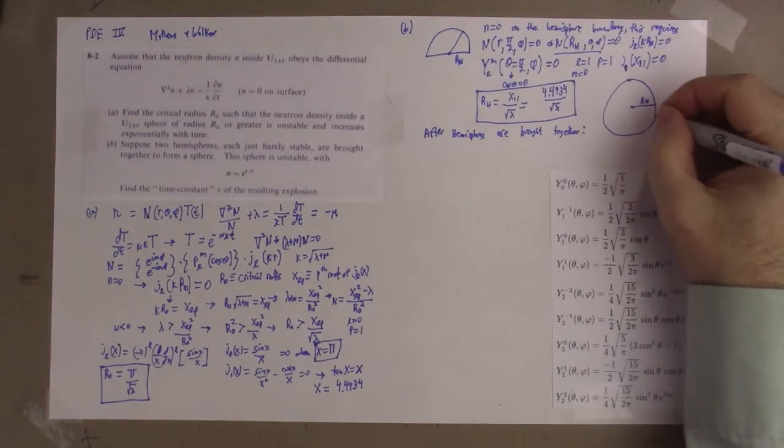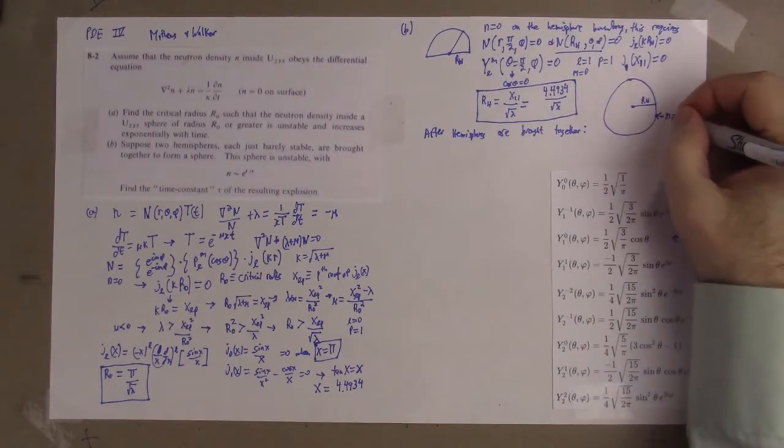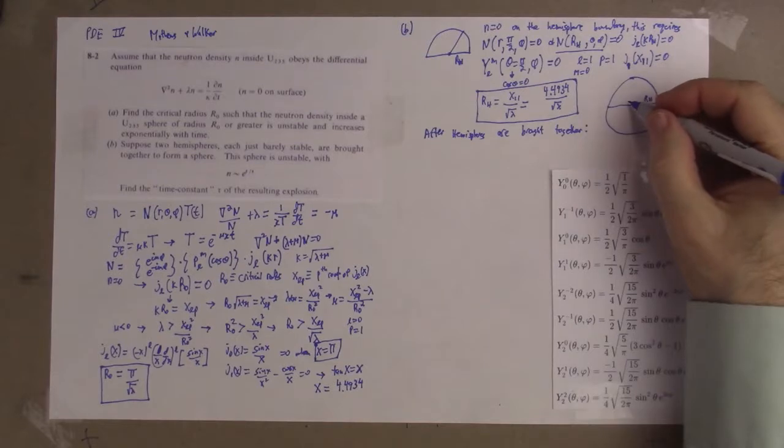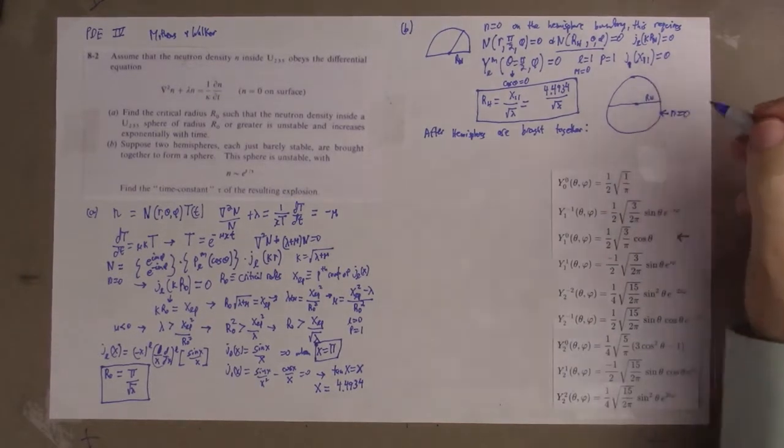On the boundary, n equals 0. We no longer have the condition here. We don't know what's happening here. It's not going to be 0 anymore, because neutrons aren't escaping into the air, and now they're escaping into other pieces of uranium where they can fission. So the density builds up here, and that's what causes the explosion.